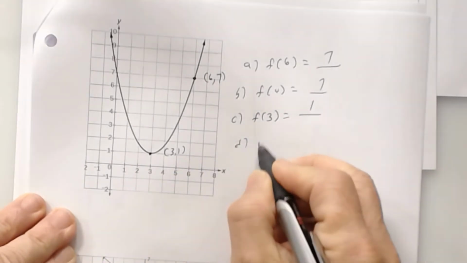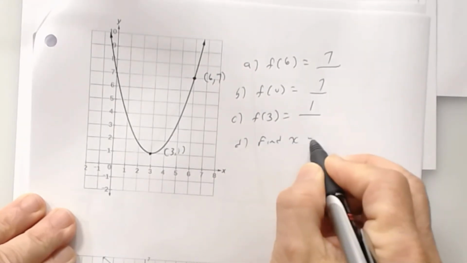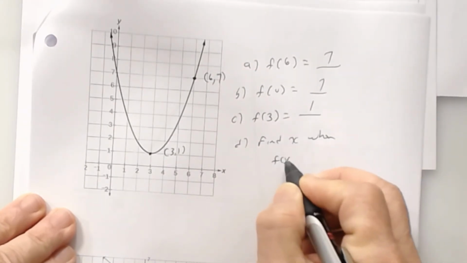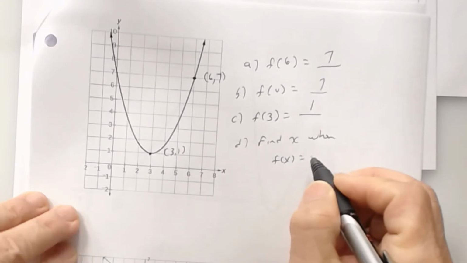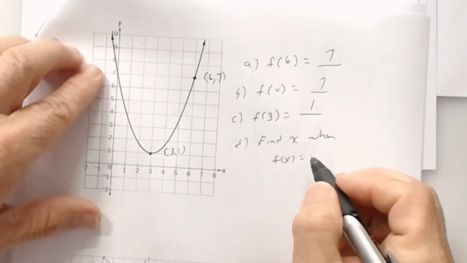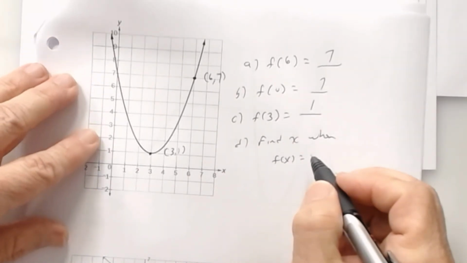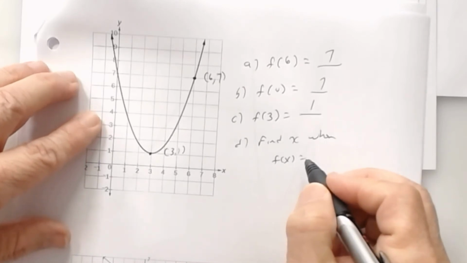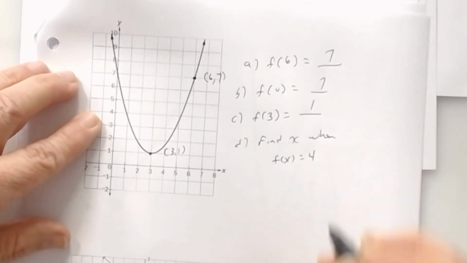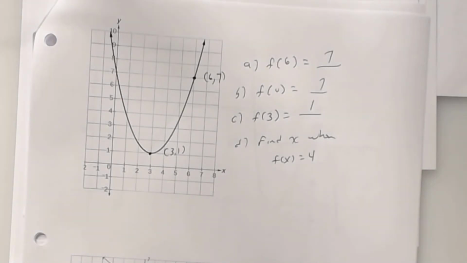D. Find x when f of x equals, let's say, we have to estimate again. Let's say 4. Find x when f of x is 4. So remember, f of x stands for what?